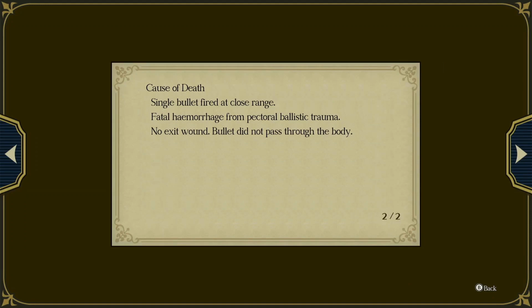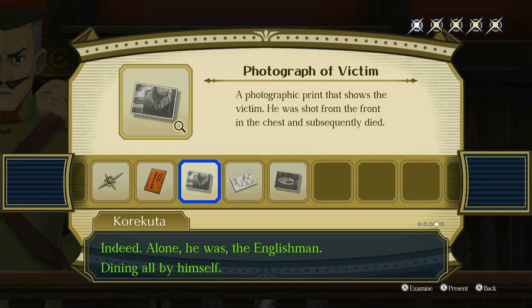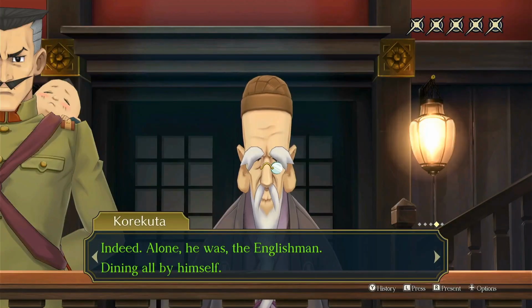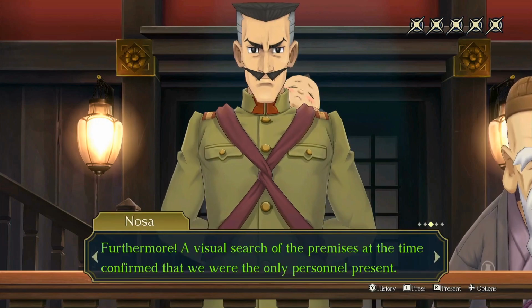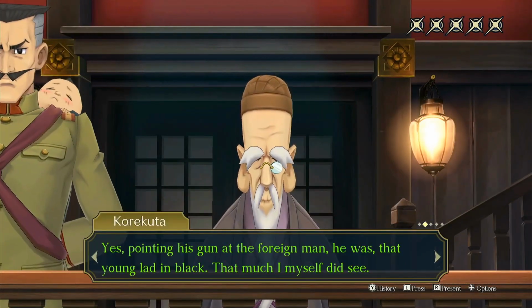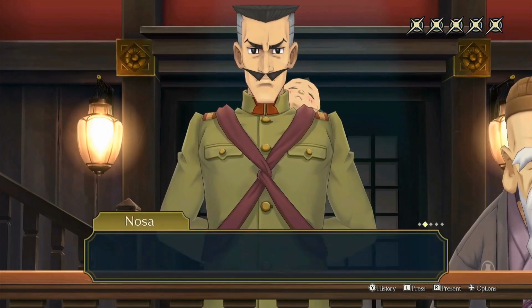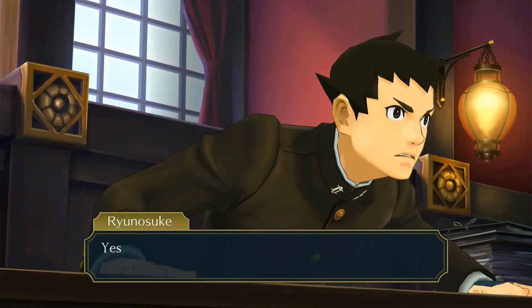Fatal hemorrhage from pectoral ballistic trauma, no exit wound. Let's save before I forget. Yes, I guess we'll just press on everything.